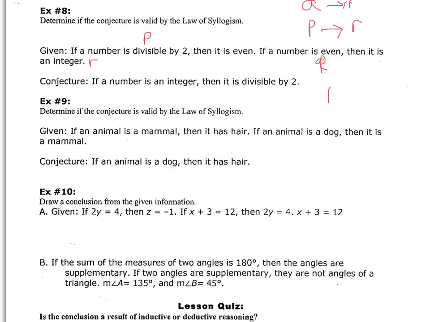Now Q going to R: if a number is even, then it is an integer. But let's look at going from R to P. You would read, if a number is an integer, then it is divisible by 2. Well, that isn't true. You could have a lot of integers that aren't divisible by 2. So this one's not valid.